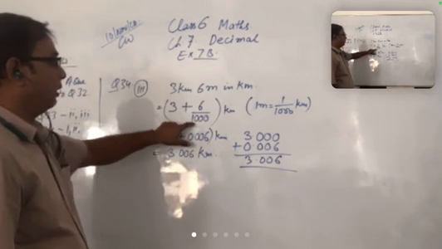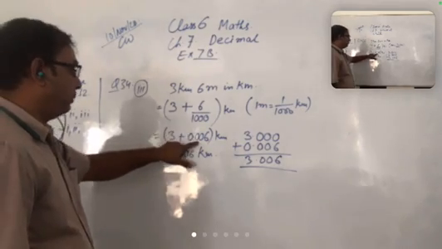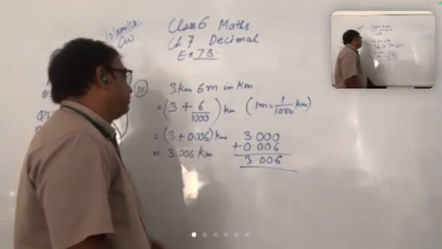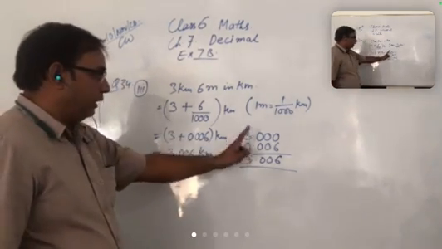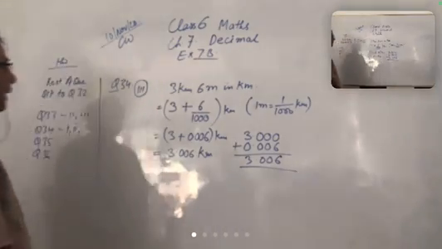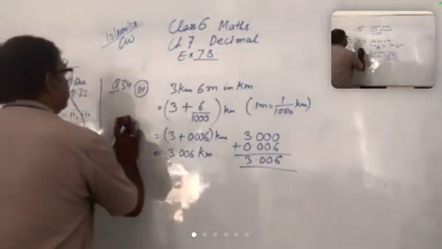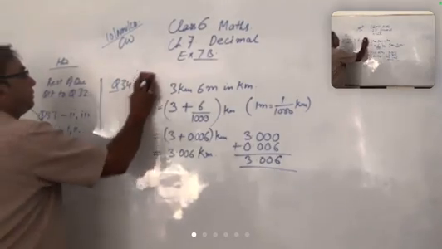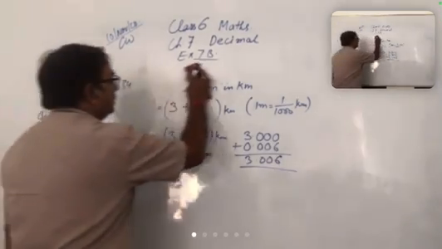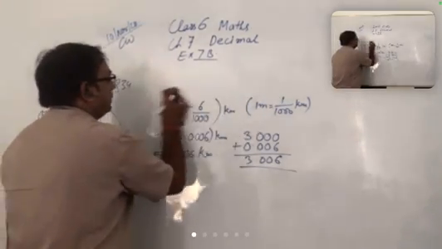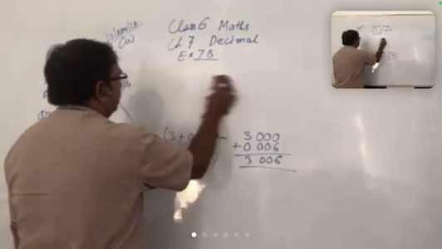So 6 upon 1000 means 0.006. Then you just add, and add like this. Clear? Copied? Good.